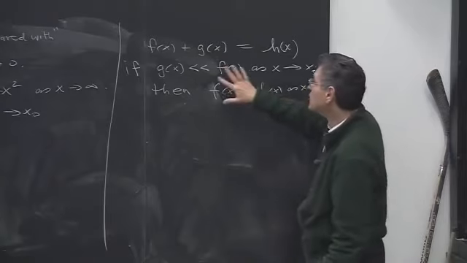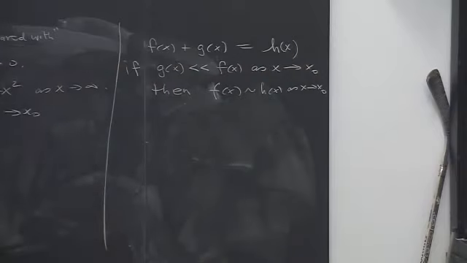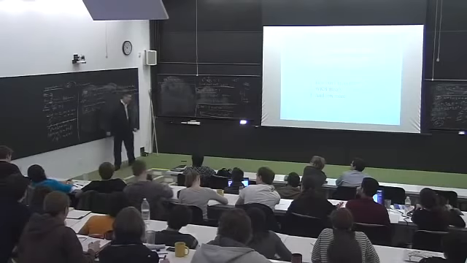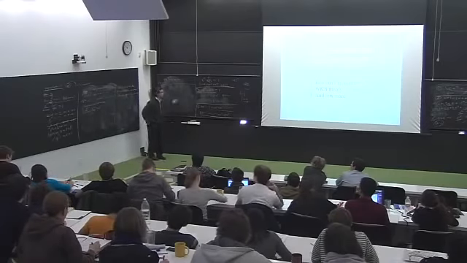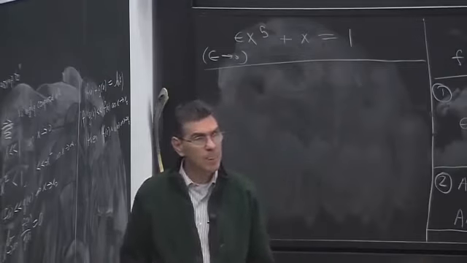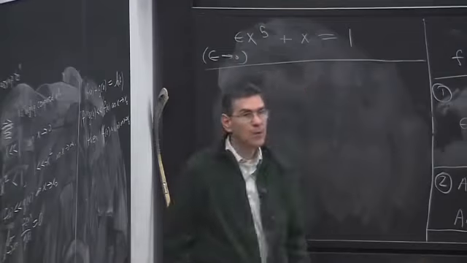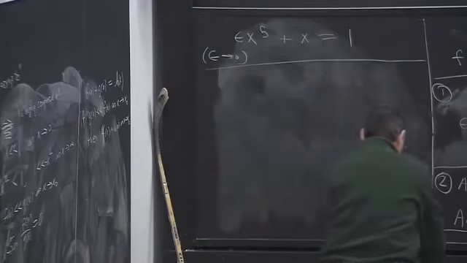So this is the connection between this symbol over here and this symbol over here, the asymptotic symbol and the negligible symbol. So great. Here we have an equation with three terms in it, and we're considering what happens as epsilon goes to 0. Now, let's make more space here.